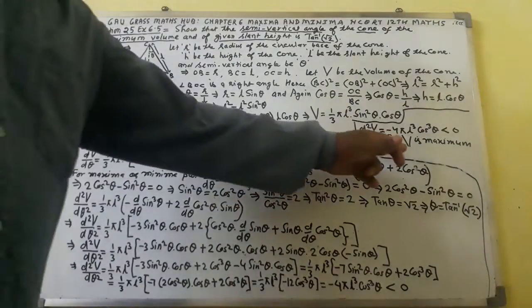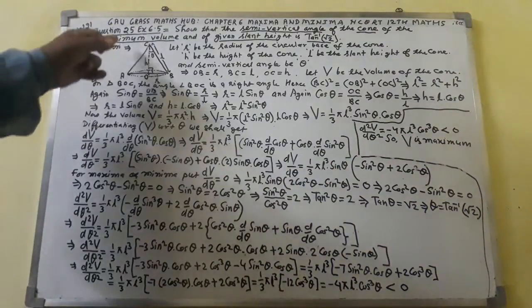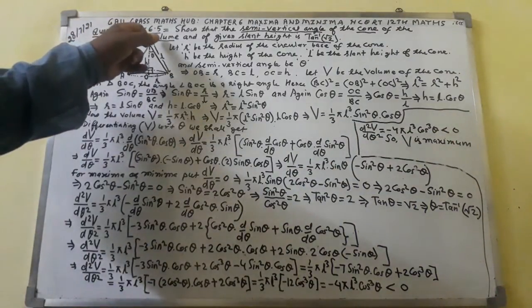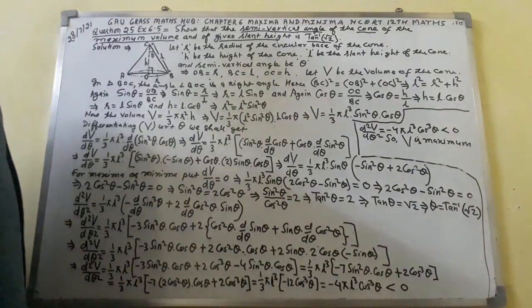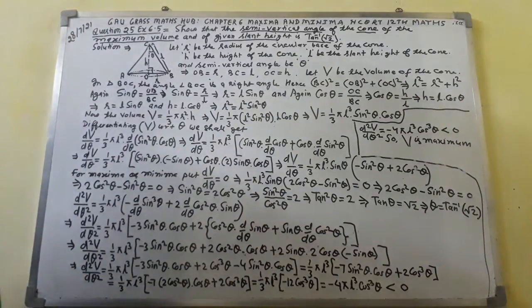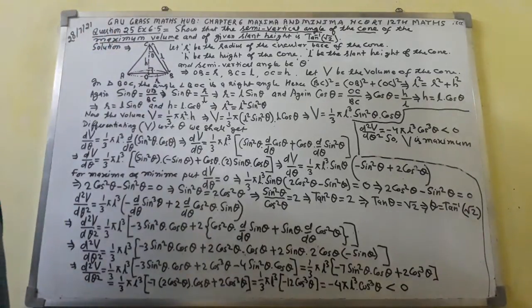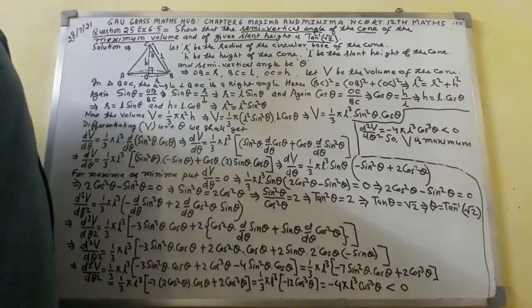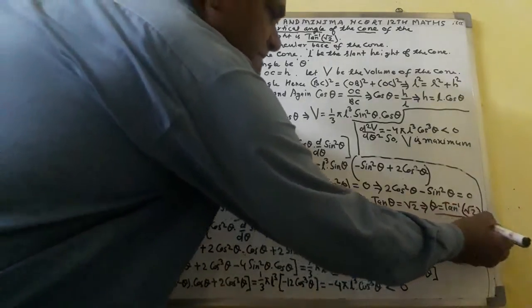That's why V will have maximum value. This thing is given in the question itself. So here I have proved V has the maximum value. This means that volume is maximum, so volume is maximum, then you can take this value.